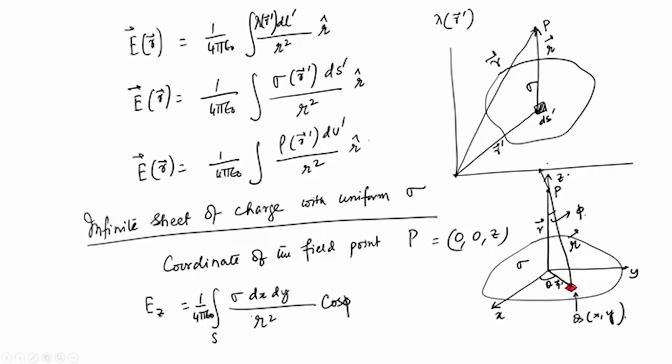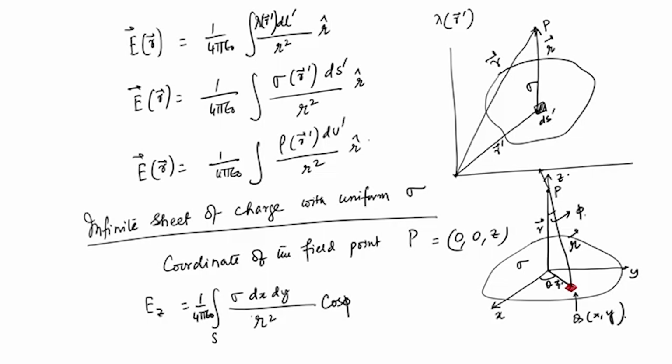So you take the projection along the z axis, that is why the cos phi comes; phi angle is shown. Sigma is the total uniform charge density, and dx dy is that small area painted in red. We want to calculate the electric field at the point P due to the small element of charge.